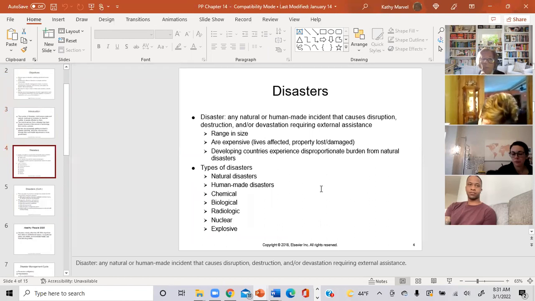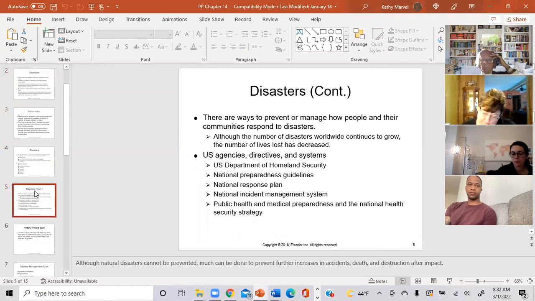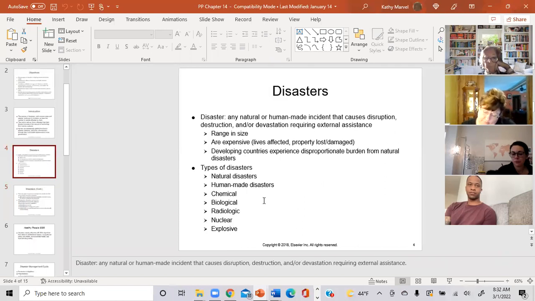Okay, here are your definitions. In order to understand disasters, we need to understand what types of disasters there can be. What are some types? What are some examples of human-made, and what are some examples of natural disasters? Okay, these are the two we're focusing on, natural and human-made.